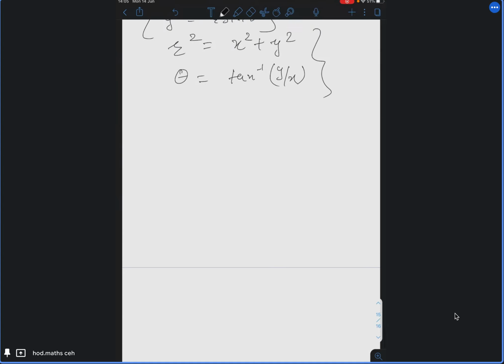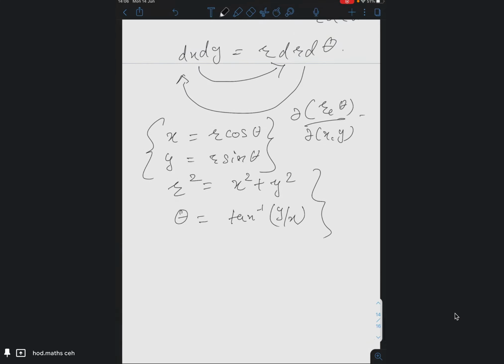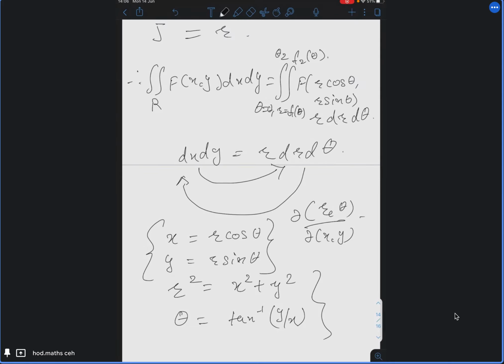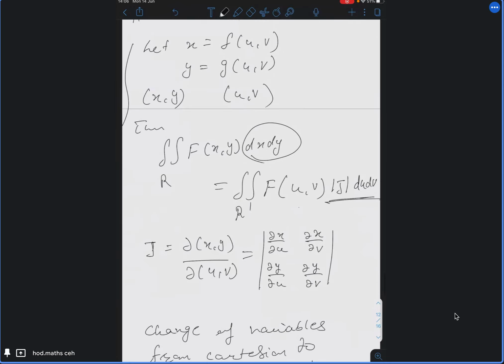So let us see the problems here, then you will understand it. Ma'am, from that can we write dr d theta is equal to 1 by r dx dy? That is what you will get. See, here we are just multiplying, but theoretically it is not r dr. Here the transformation is given in this form, Jacobian du dv.